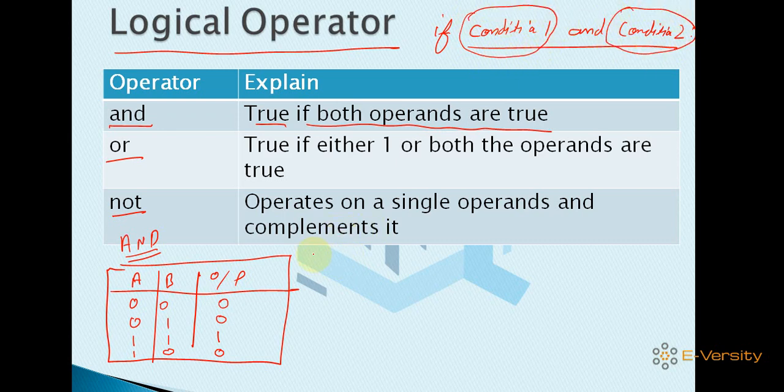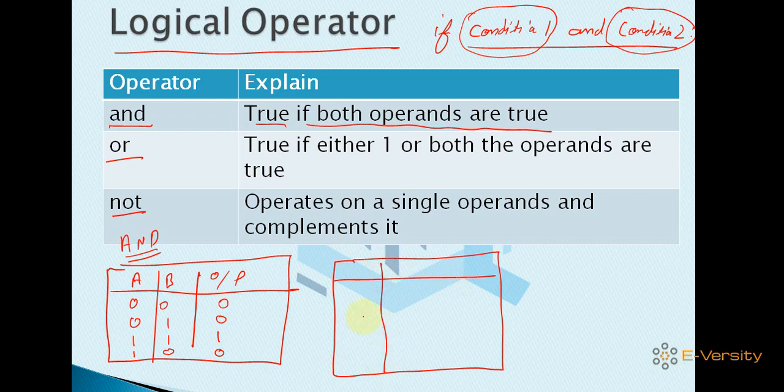Okay, same you can use with the OR operator. I can write a truth table for the OR operator: A, B and output 0 0 0, 0 1 1, 1 0 1, 1 1 1. What does it mean? If any one of the conditions is true, the output is true.